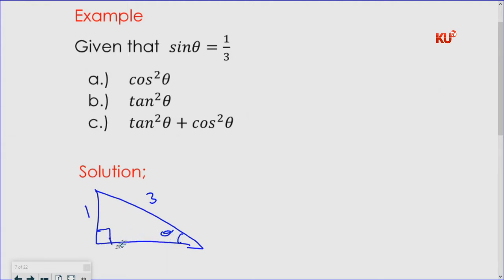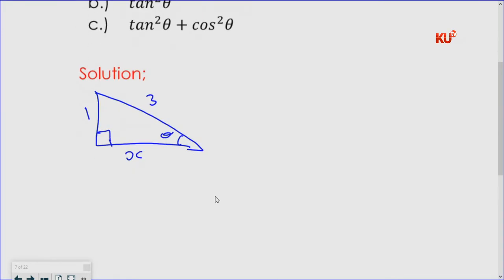You remember, we can say this squared plus that side squared should be equal to 3 squared. So we can say let that length be x. So we can say x squared plus 1 squared should be equal to 3 squared. This is x squared plus 1 is equal to 9.